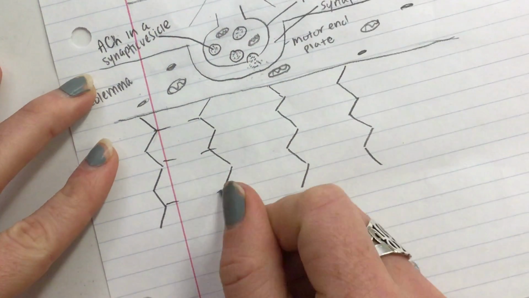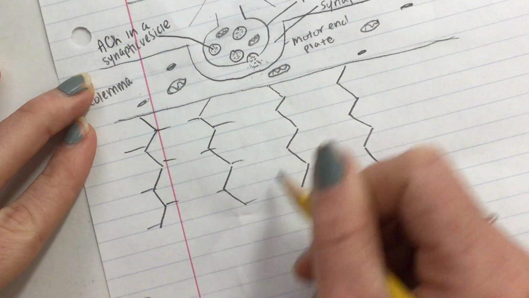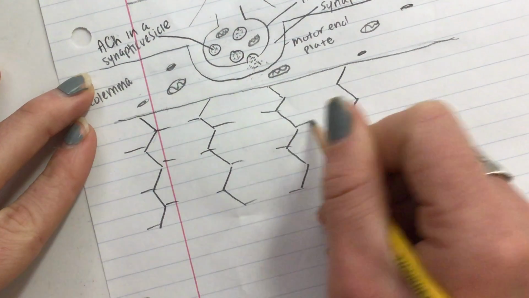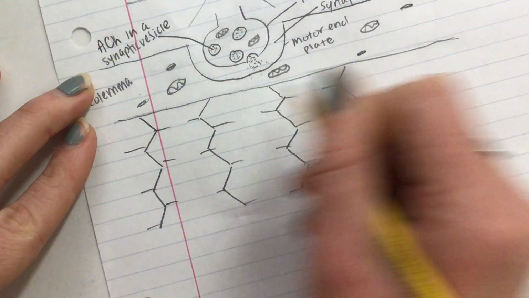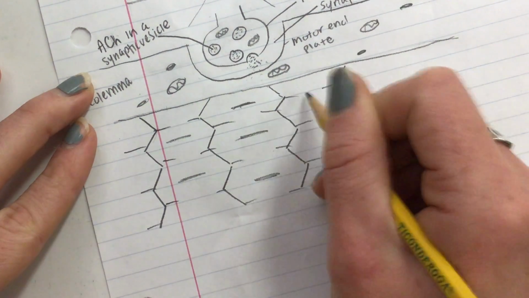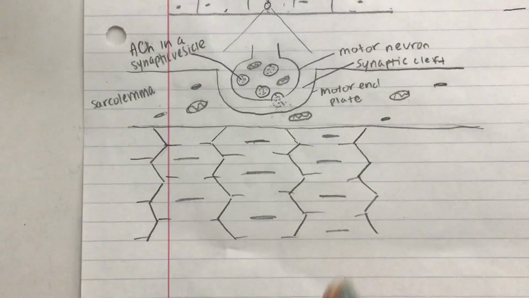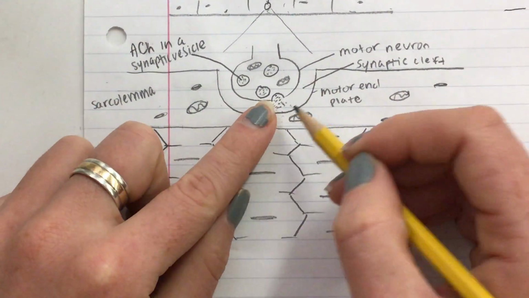And here's some more thin filament sticking off of it, more actin. And then in between here, we have that thick filament, myosin, which will eventually pull on this actin once it's stimulated by the calcium ions, which came from the stimulation from this neurotransmitter.